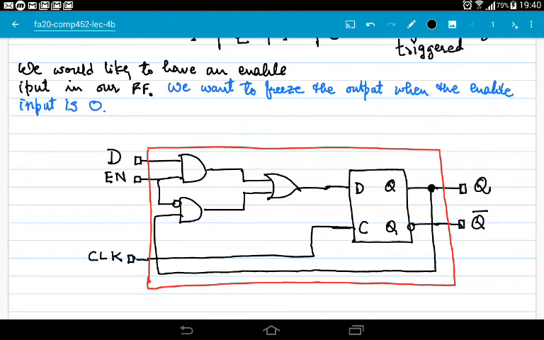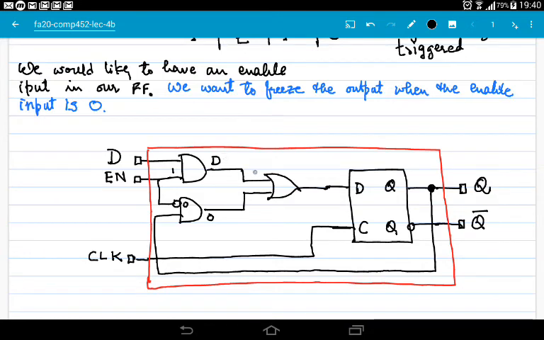Okay, so when this enable input is 1, this output will be D, whatever we have here. By the way, when this enable input is 1, this input becomes 1 and this input becomes 0. It means this output becomes 0.